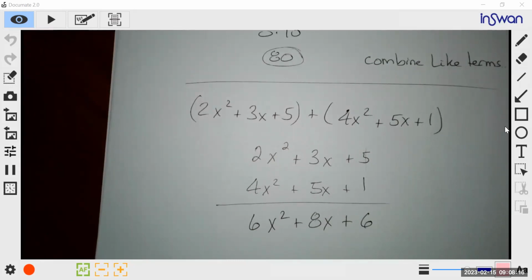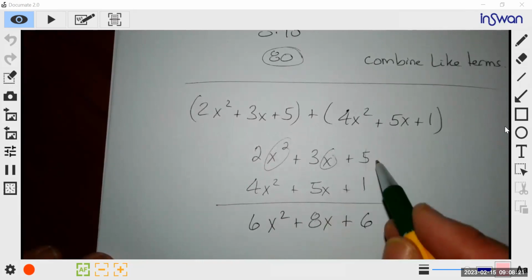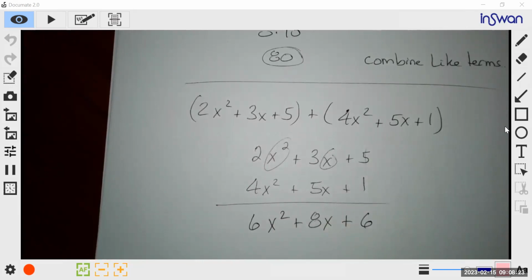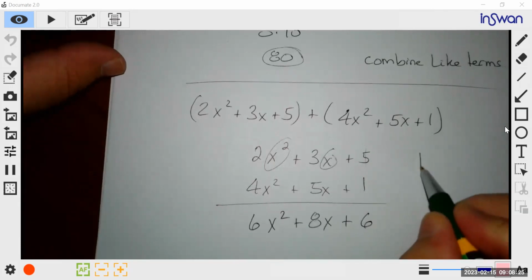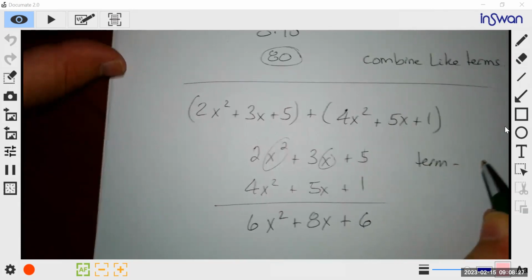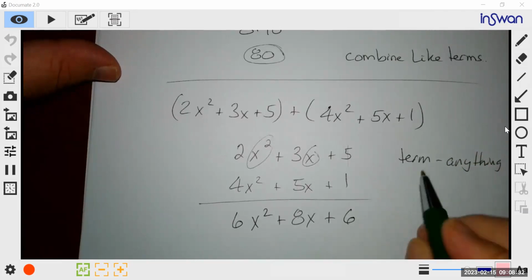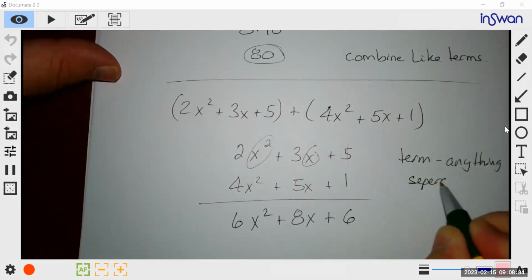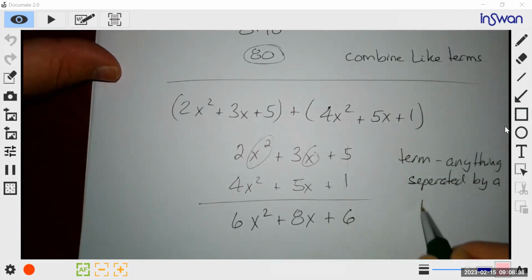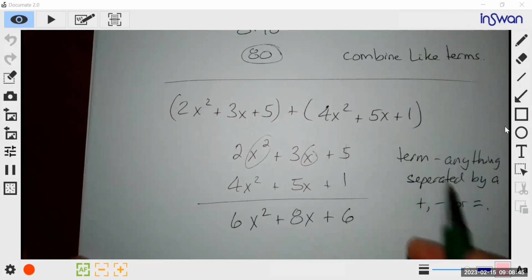So there's that solution. That's combining like terms. These are all terms. A term is anything separated by a plus, minus, or equal sign. That's what we're talking about when we say like terms.